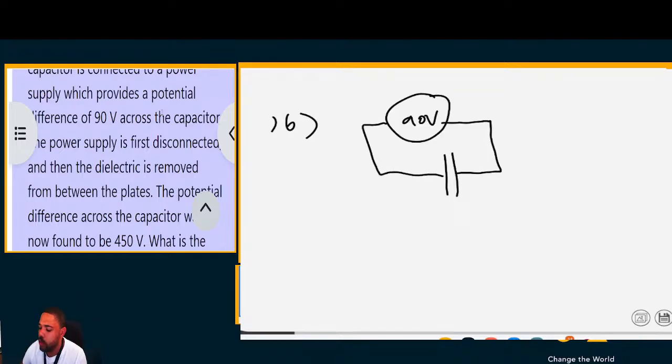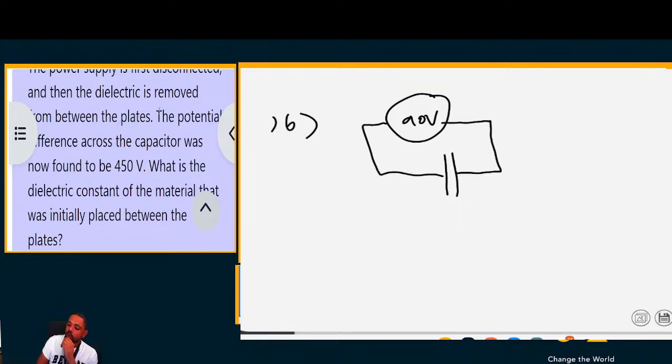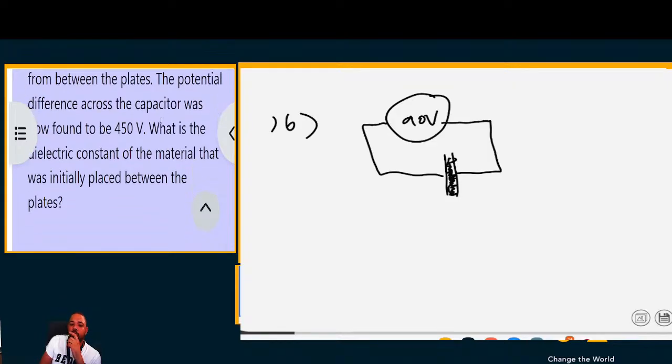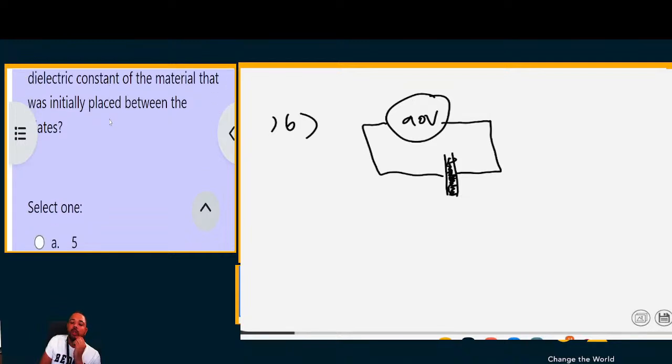This is a simplified setup of what is happening. The power supply is first disconnected and then the dielectric is removed from between the plates, and the potential difference across the capacitor was now found to be 450 volts. So first it's 90 volts with the dielectric, but when they remove the dielectric it's 450 volts. What is the dielectric constant of the material that was initially placed and then removed?